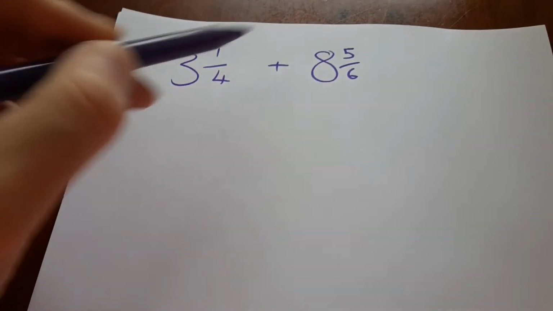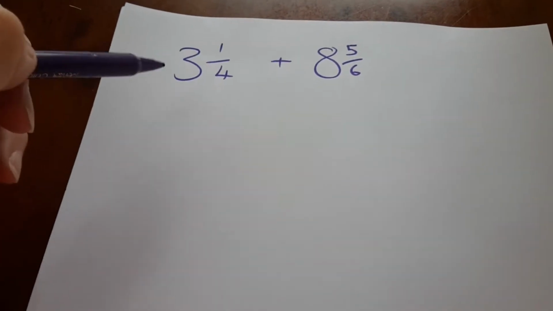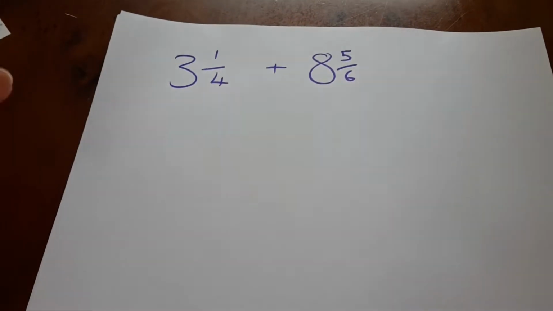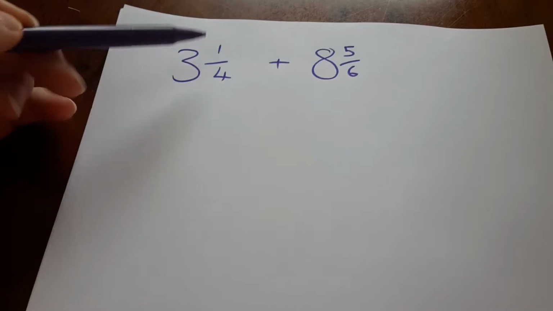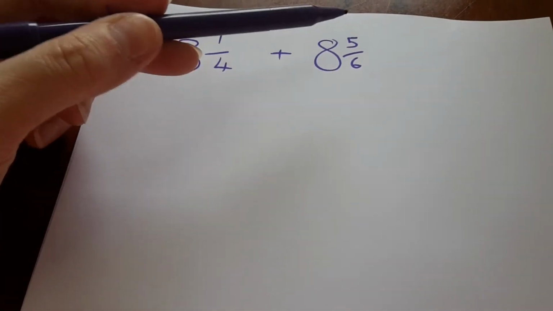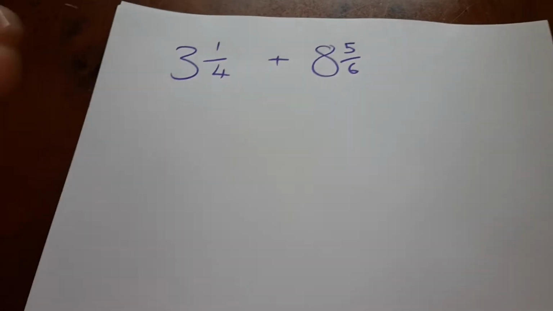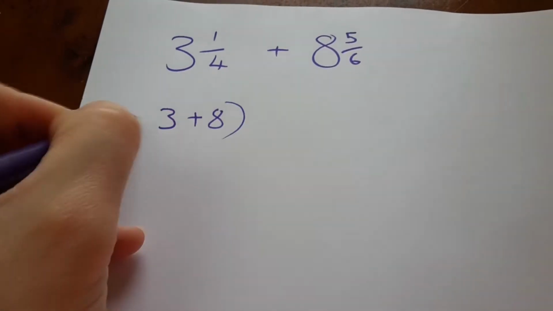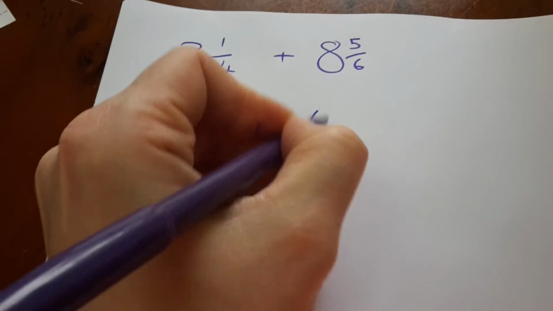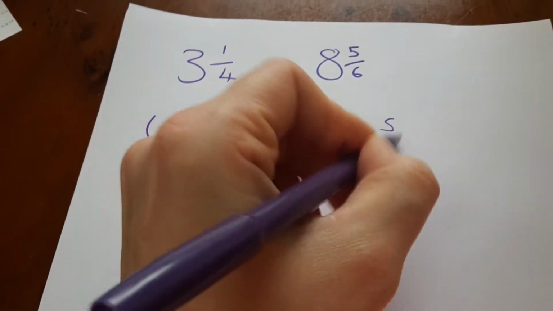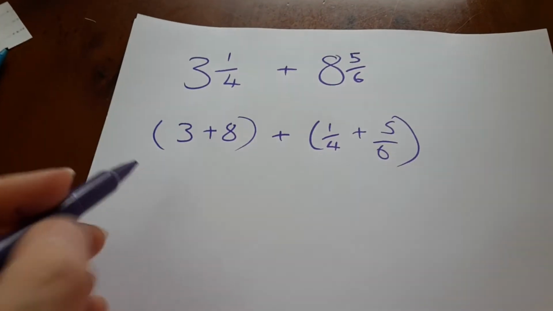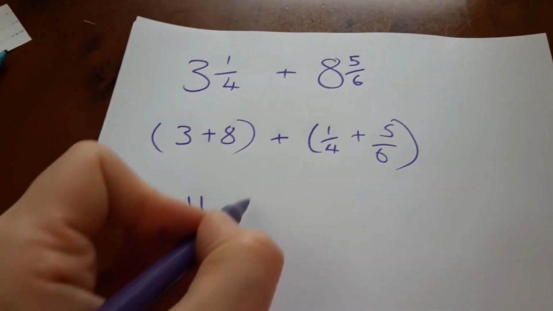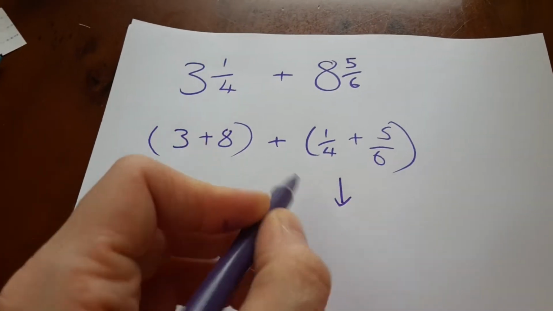Now, because I'm working with addition, I can just add the 3 and the 8 together and then add the quarter and the 5/6 together. That works fine. So I would do 3 plus 8, added to a quarter plus 5/6, which would give me 11, and then I need to work the rest of this out.